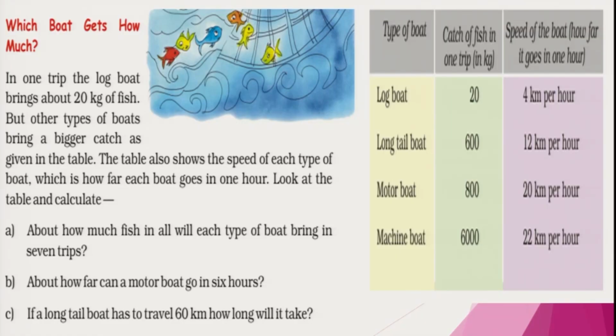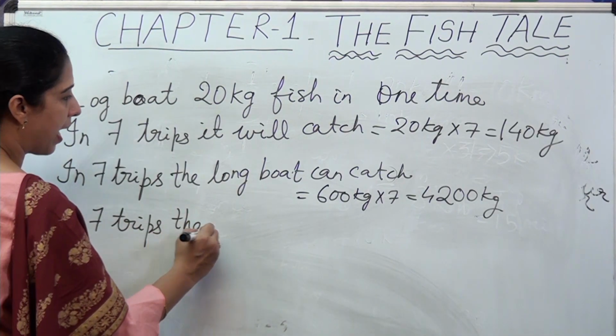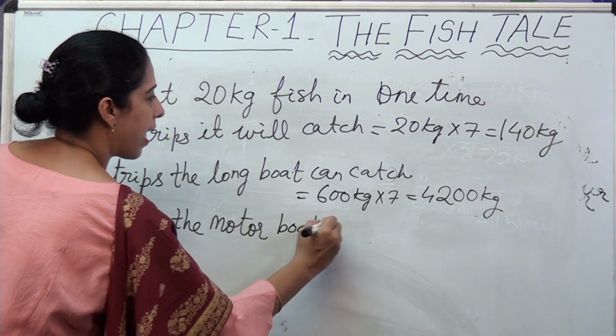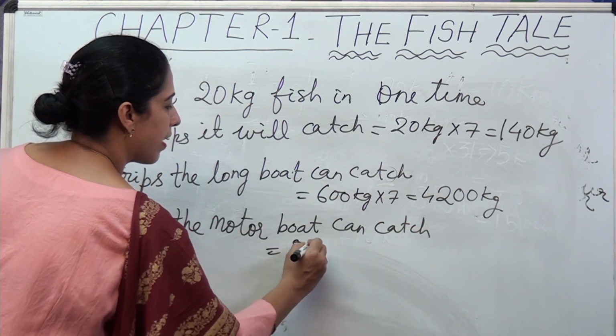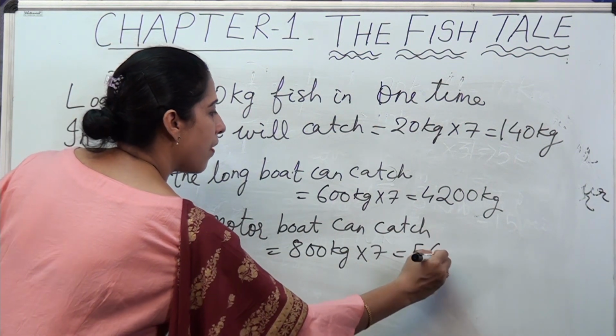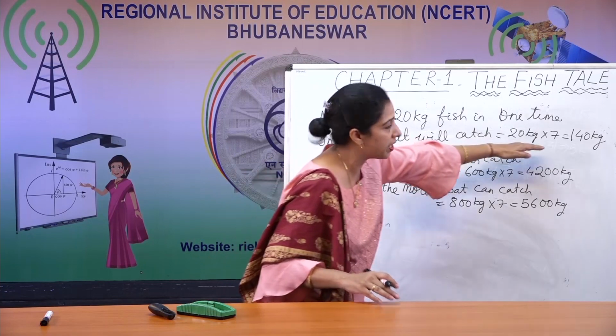Similarly, the motorboat. Let's see the motorboat. In 7 trips, the motorboat can catch 800 kg into 7, which is equals to 5,600 kg. See the difference in numbers.